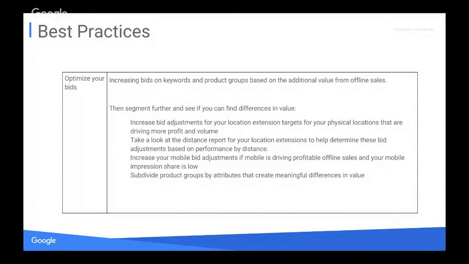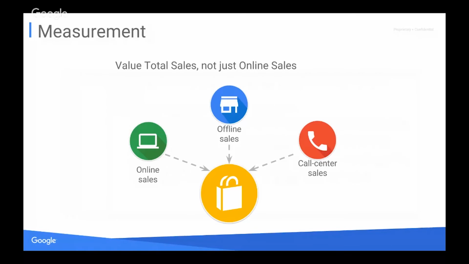You can also subdivide your product groups by attributes that create meaningful differences in value. All of these things come under optimizing your bids, and it is essential to optimize your bids so that you can focus your budget more on the areas that are working well for you and spend less on the areas that are not working well for you.